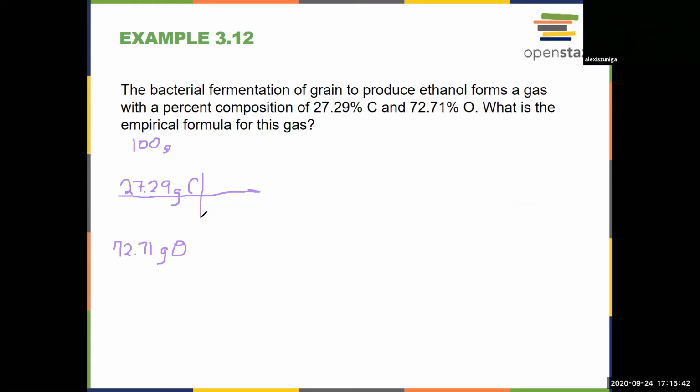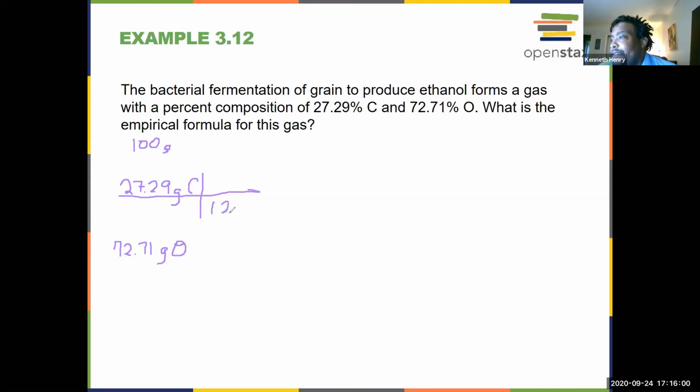Okay, so how do I change it to moles? You go on the periodic table and find the weight of the carbon. What is the weight of carbon? It's 12. So you put 12 grams and then over 12 grams of carbon over 1 mole. So I'm putting 12 grams on top?